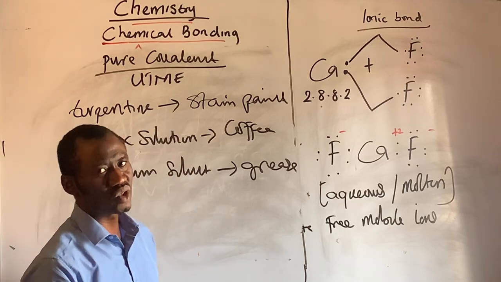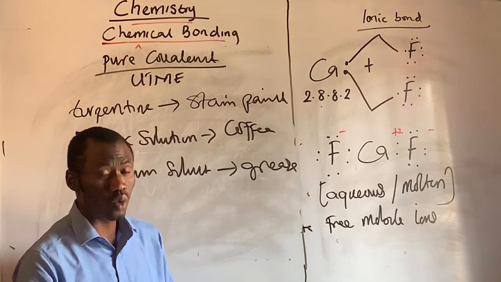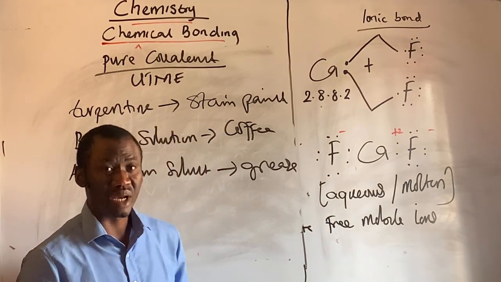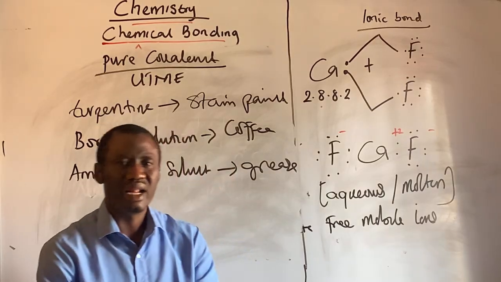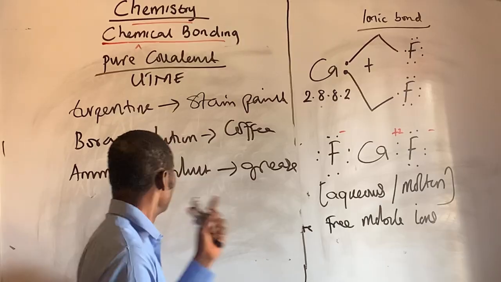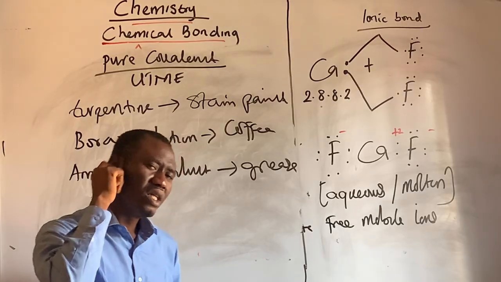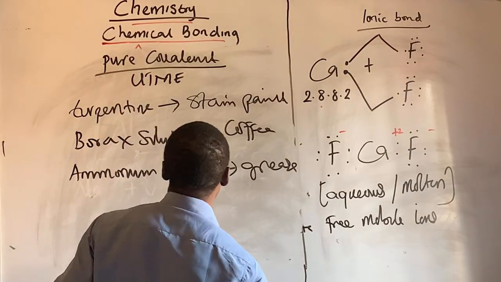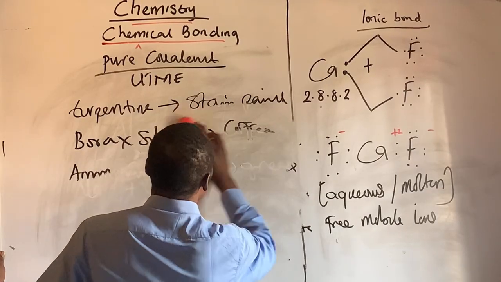For those of you that work with a mechanical engineer and fix cars, the grease from the oil, crude oil, can stain your clothes. You can use ammonia solution to remove the grease stain. That's by the way. If you're writing UTME, take note of that.